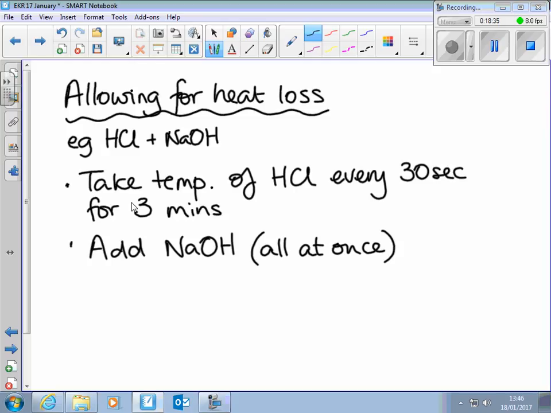And once you've added that, you can't measure the temperature of the reaction that takes place exactly at that point. So on your time scale, you actually end up with a gap, really. And you then keep measuring the temperature.